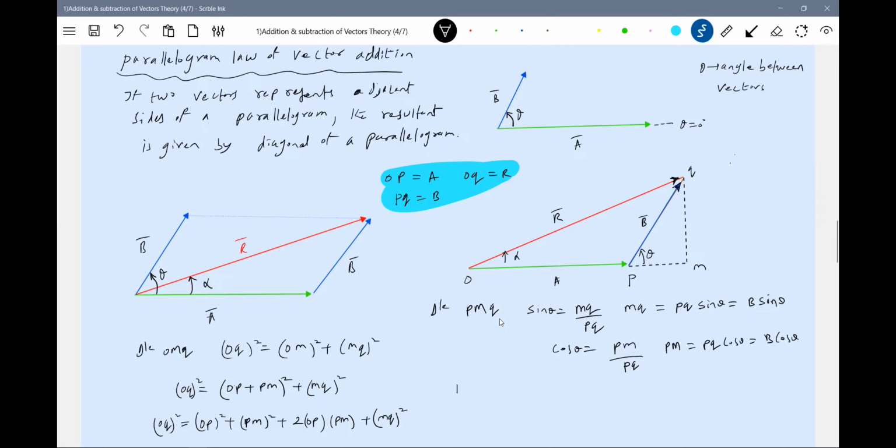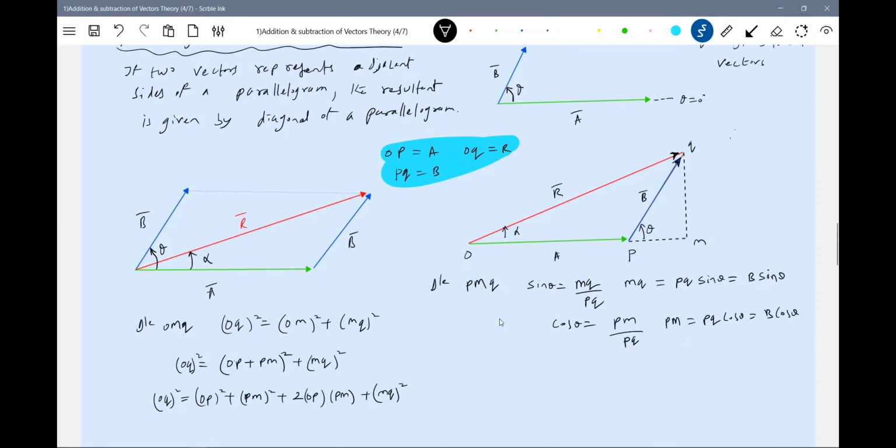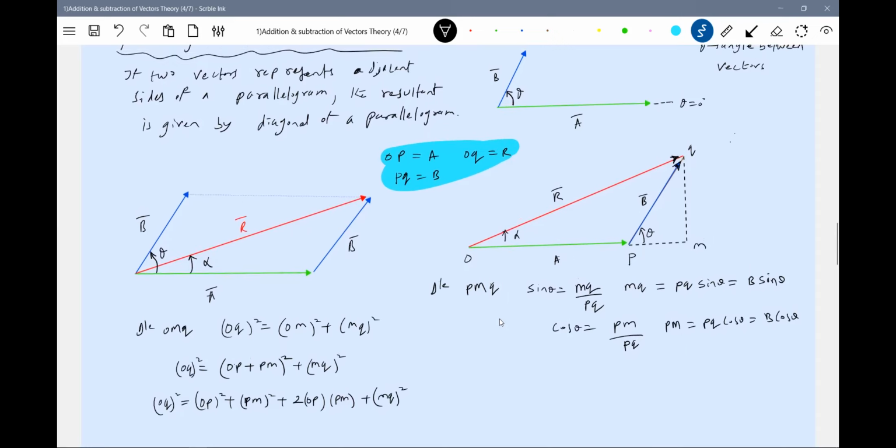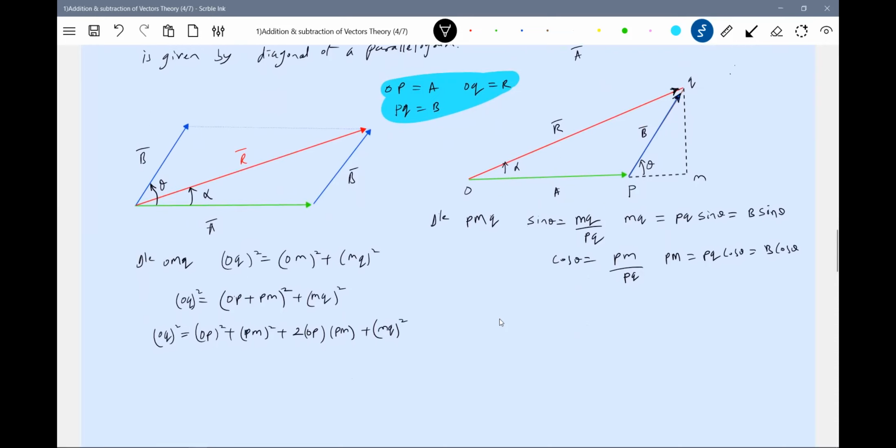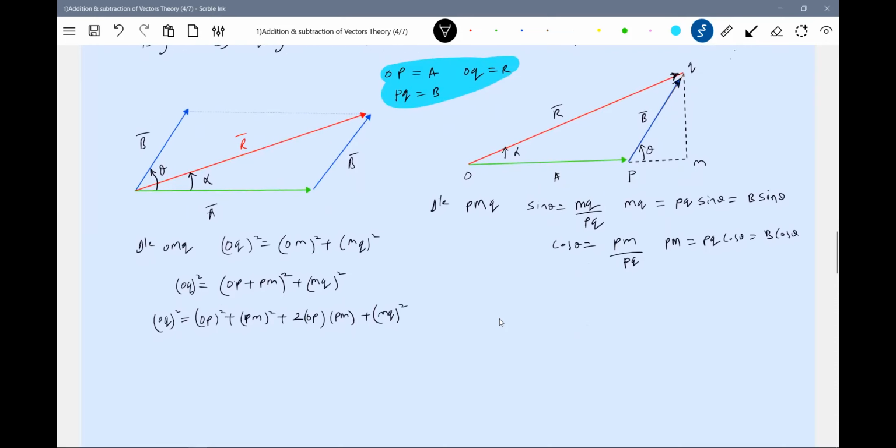In place of OQ, what we have? R square. In place of OP, A square. PM, B cos theta whole square, plus 2. What is OP?